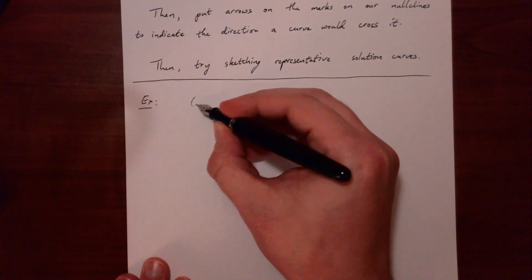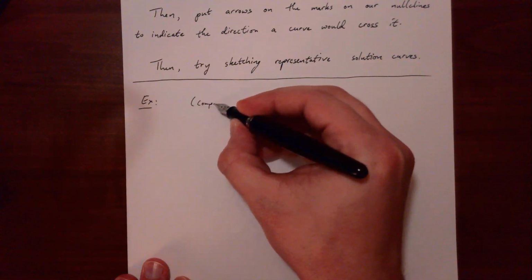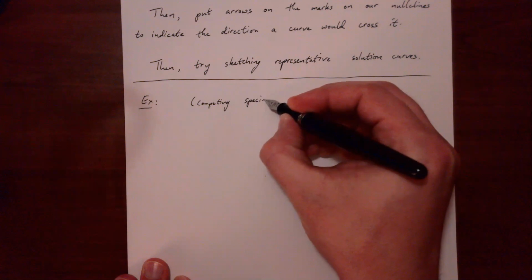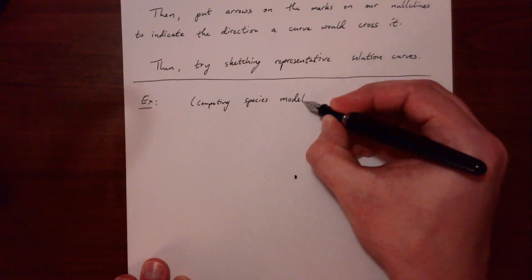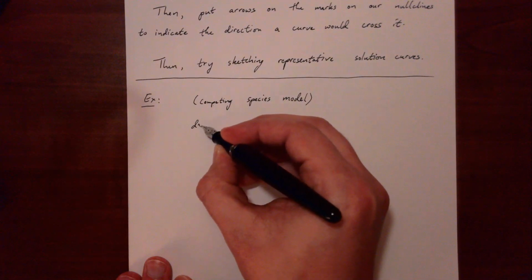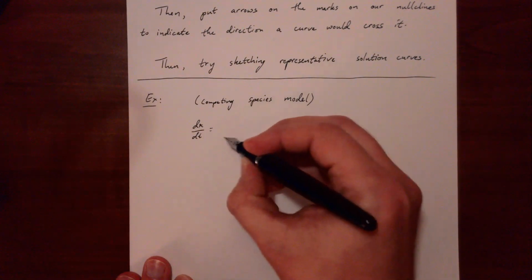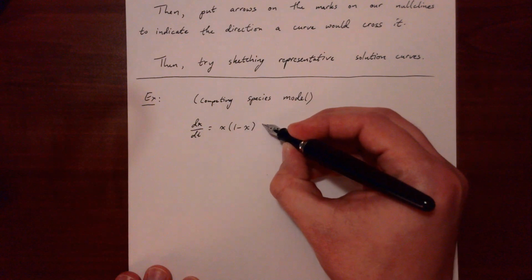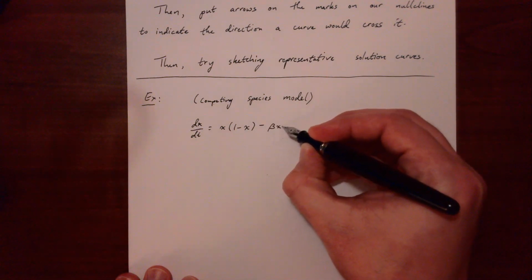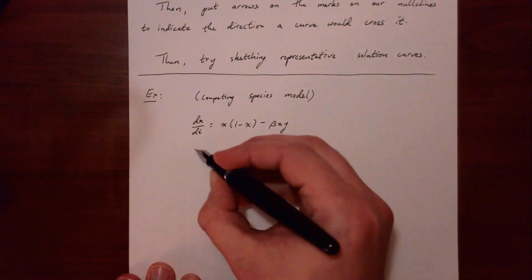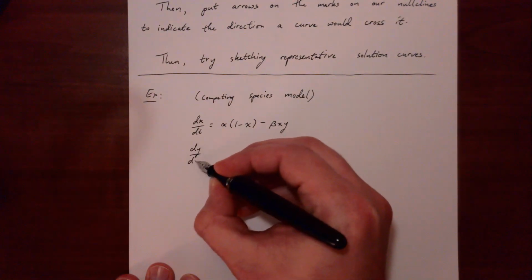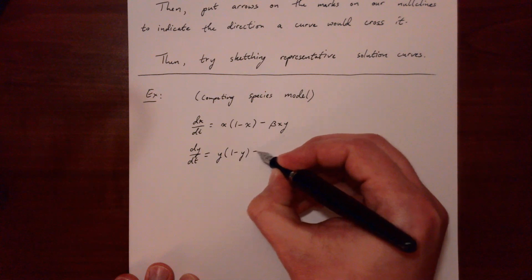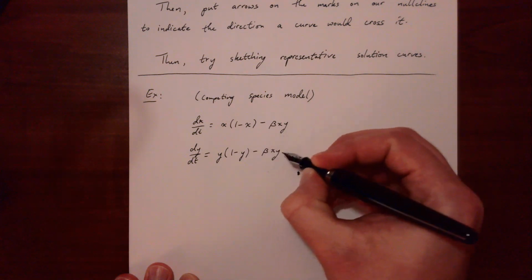So here, we'll have the system dx/dt equals x times (1 minus x) minus beta xy, and then we'll have dy/dt equal to y times (1 minus y) minus beta xy.